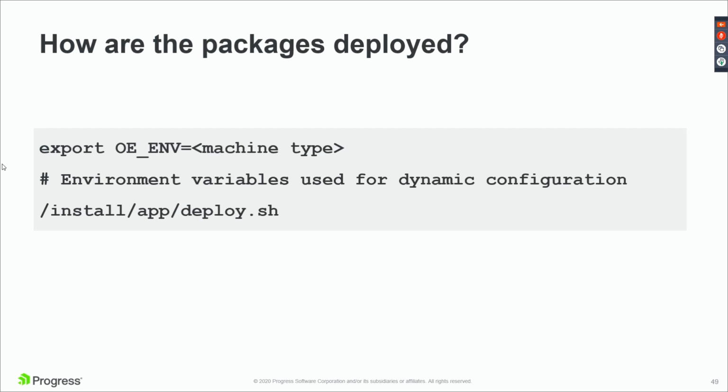There is an environment variable called OEENV that is set to db0, db1, db2, PaaS-OE, or web, and then the deploy.sh script is run using install app deploy.sh. You can go to GitHub, browse the source code for the Quick Start, and you will find these instructions there.